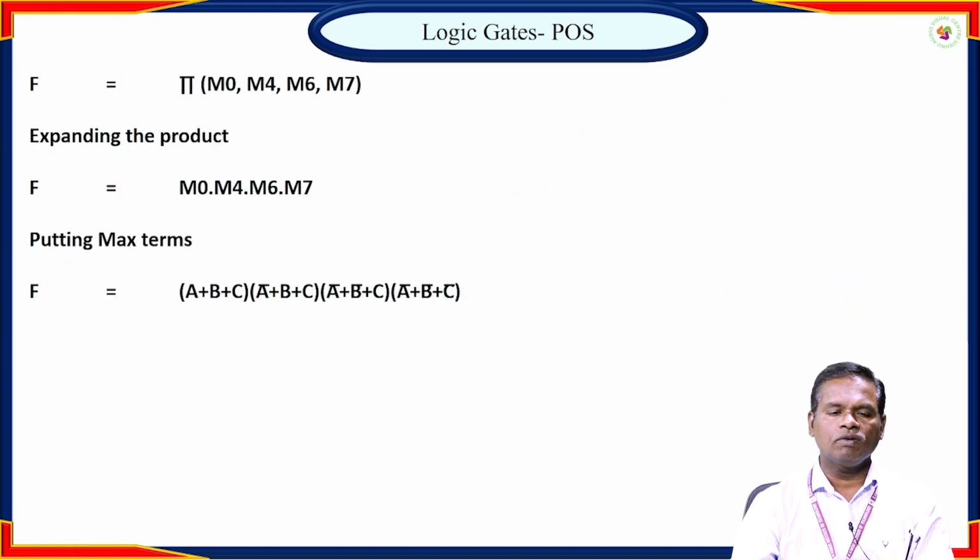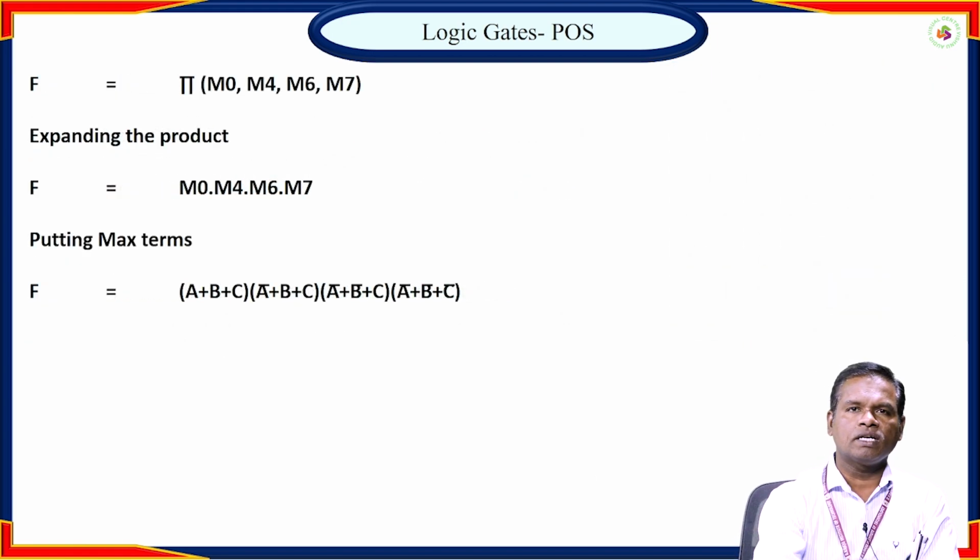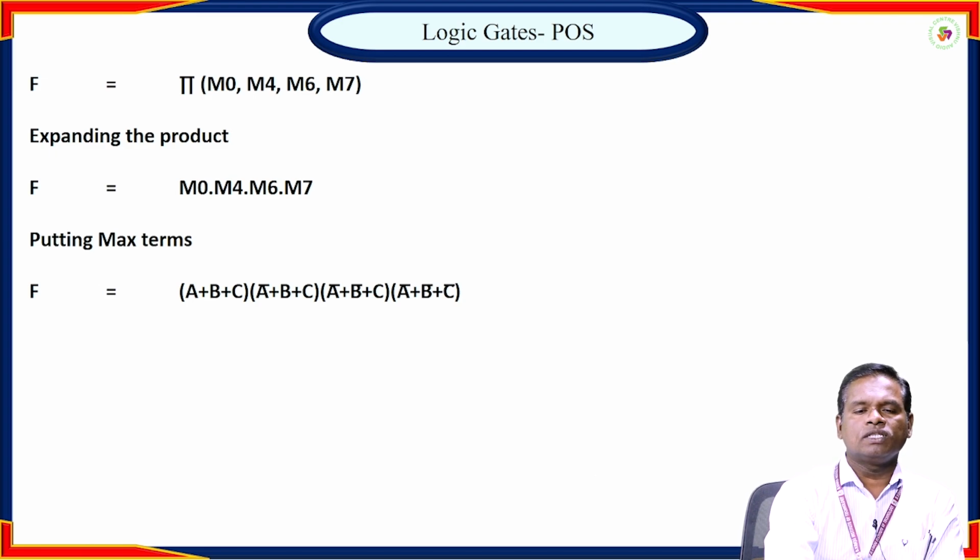One example, if you see a Boolean expression, which is given in the form of function f equal to product of M0, M4, M6, M7. That means this f is a Boolean expression which is nothing but a product of max terms M0, M4, M6 and M7.